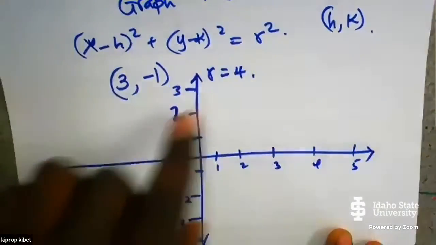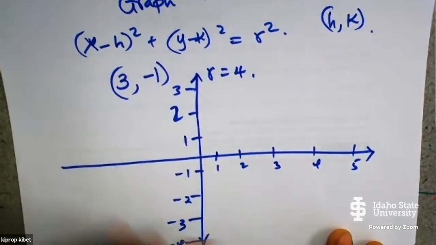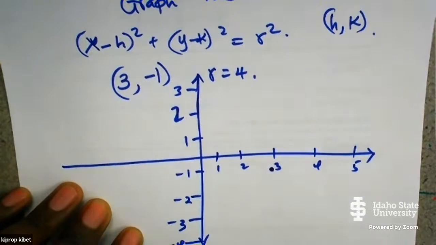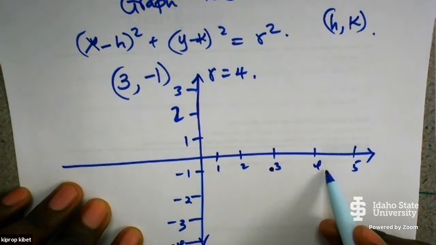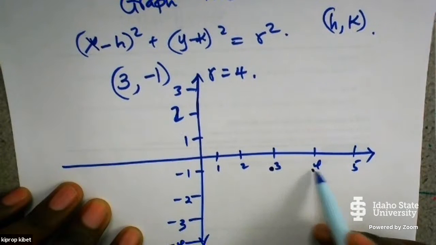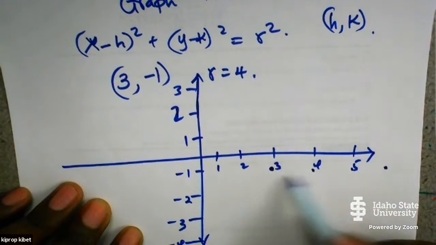Something like that. So our center is 3, negative 1. So this is somewhere here. Then our radius is what? 4. So we go 4 steps to the right.